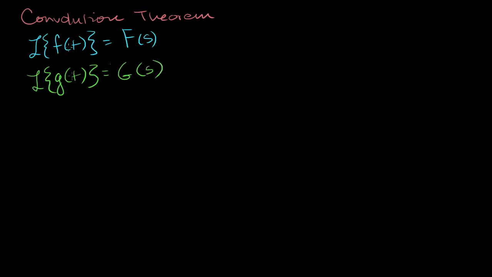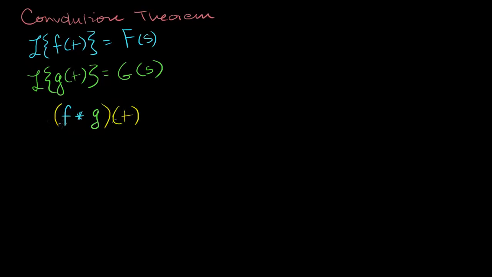If we were to convolute these two functions, so if I were to take f and convolute it with g, which is going to be another function of t, and we already saw this in the last video, I convoluted sine and cosine.